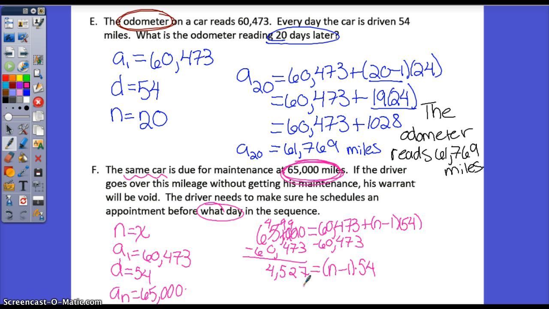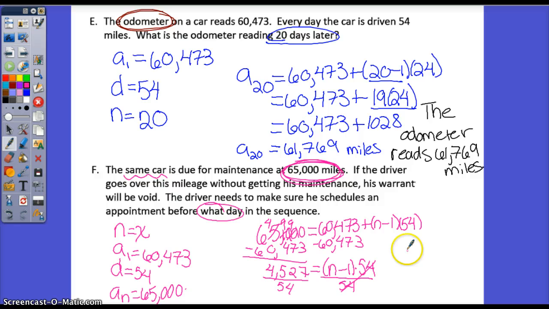Since this whole thing is being multiplied by 54, if we simply divide both sides by 54, my 54s are going to cancel. And whenever I divide 4,527 by 54, take a minute, plug that in your calculator. 4,527 divided by 54, you should get 83.83.